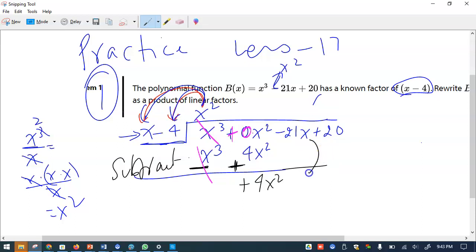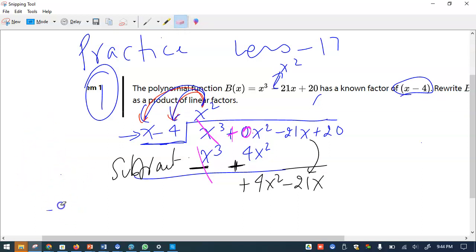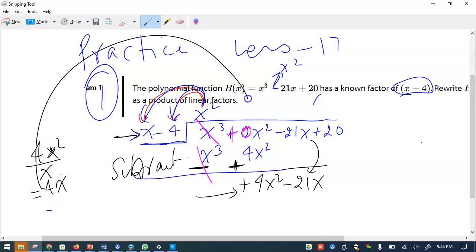Now drop down this minus 21 right here and do the same method again. This time what is left is 4x squared. You divide that 4x squared by this x, and 4 stays and one of the x's crosses out, so you get only 4x. This 4x is written down right here. So let me take all this off, too much.